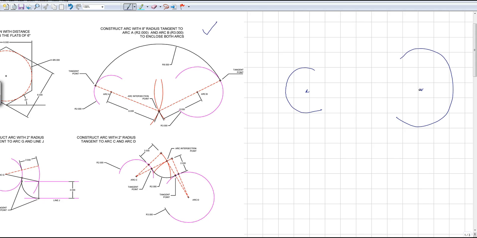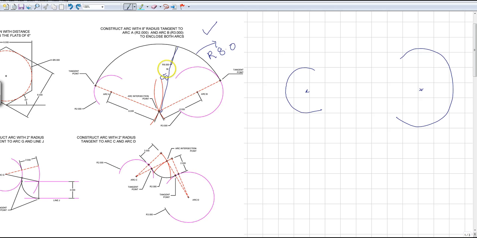Both the centers are lying in the same line. Now it's telling me to construct an arc with radius 8. So this arc has a radius of 8. If I join it, this should be 8.